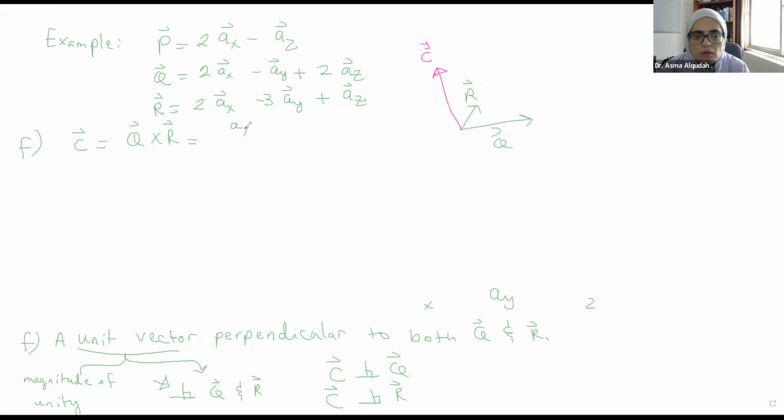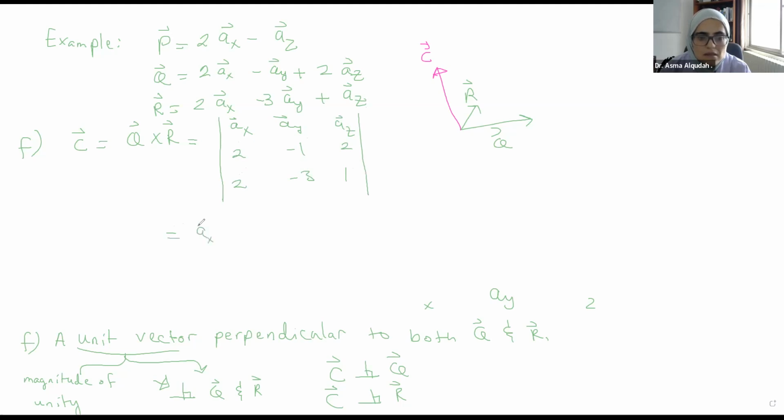We put the unit vectors first, A sub X, A sub Y, and A sub Z. Then the components of the first vector, which are 2, -1, and 2. Then the components of R, 2, -3, and 1. And we find the determinant of this.